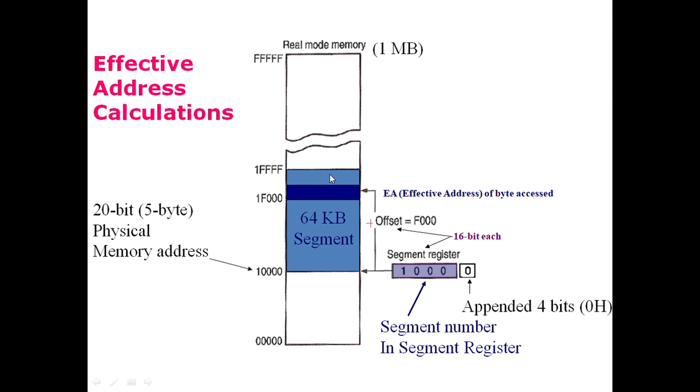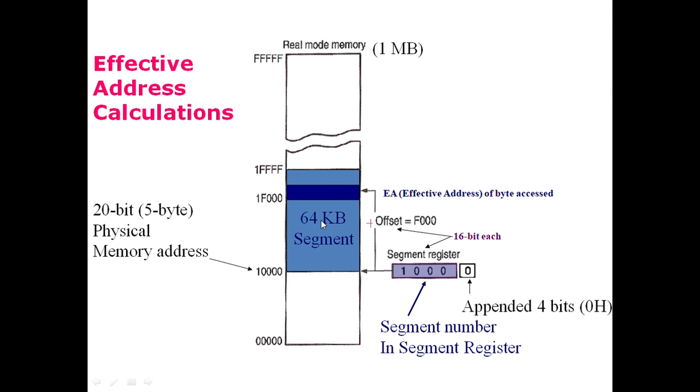And if this segment is a data segment, then this segment register would be the data segment register, DS, and the offset address can be provided immediately, or it can be provided by the source index register or any other offset register.